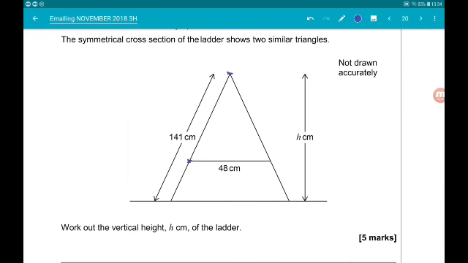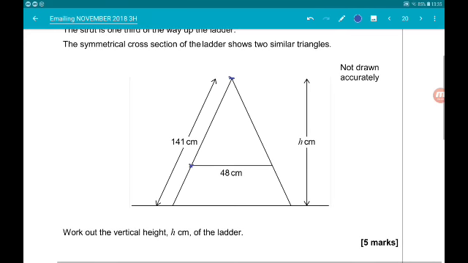A triangle with the strut as its base is the top triangle that is similar to the overall triangle, which is the whole ladder. We want to work out the vertical height of the ladder, h centimeters.